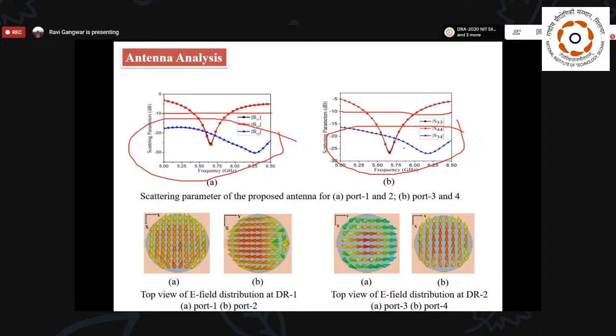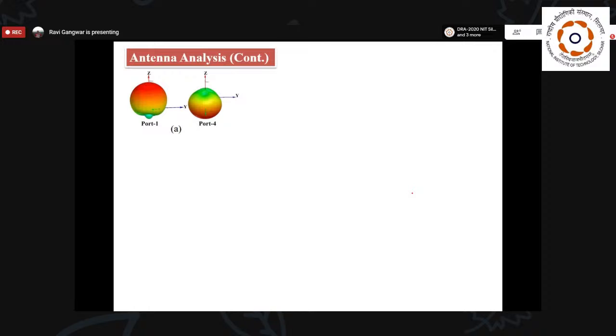Here you can see that for port 1 and port 2, we are able to generate the HEM11δ mode, and they are orthogonal to each other. Similarly for DR2, you can check it here. So we can see that we are able to generate orthogonal modes inside the DRAs by using this orthogonal mode excitation mechanism. That's why we say that we get better isolation, that is, better field to field correlation.